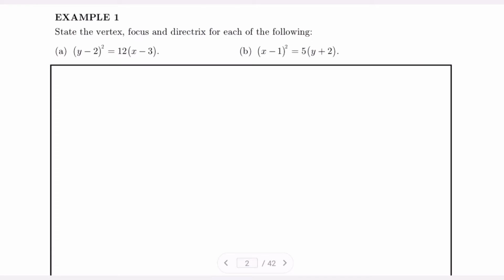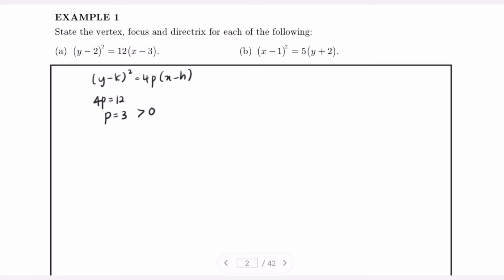First example. So you have to state the vertex, focus and directrix for y minus 2 squared equals to 12 times x minus 3. So first we're going to compare with the formula, which is y minus k squared equals to 4p times x minus h. Okay, so we notice that 4p equals to 12, so p equals to 3.